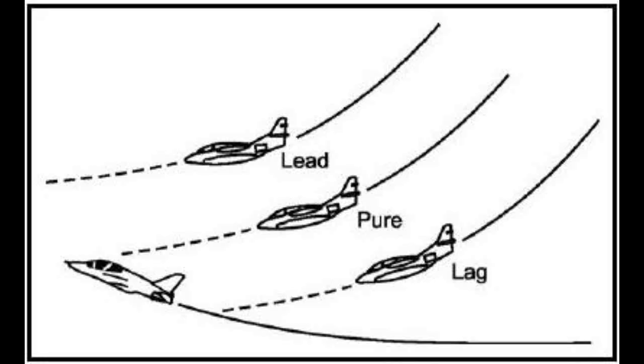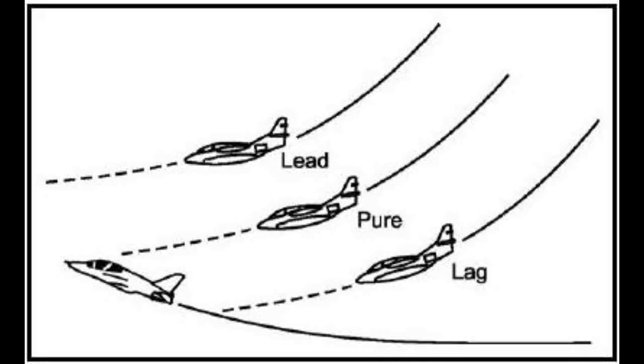In this, your velocity vector is pointed all the time towards the enemy plane. And finally, lag pursuit implies that your speed vector is pointed somewhere behind the enemy's intended path of motion. We are going to see the differences in more detail now.